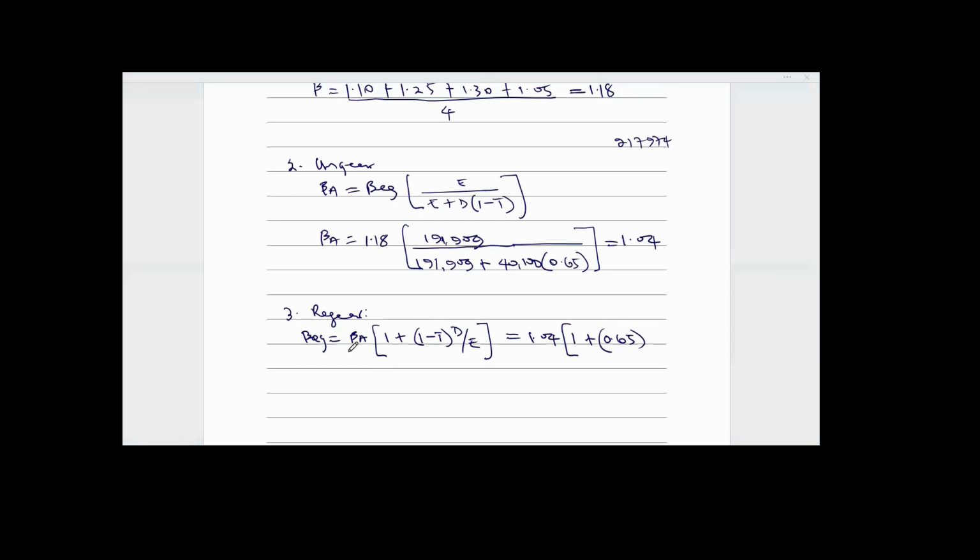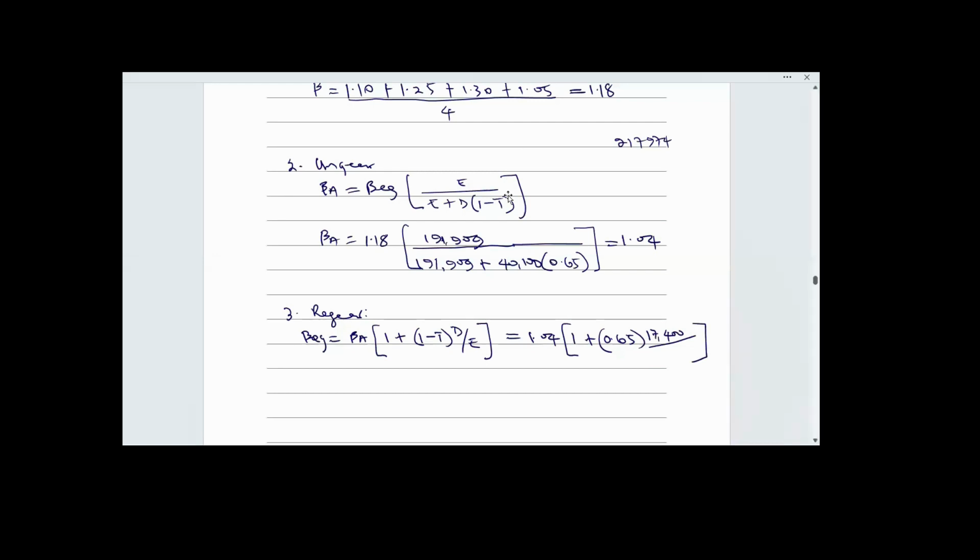So in this question, the debt value, the bank loan of Kilimanjaro is 17,400. 17,400 is the value of debts. So I will say 17,400 divided by, I need the equity value of the main company.